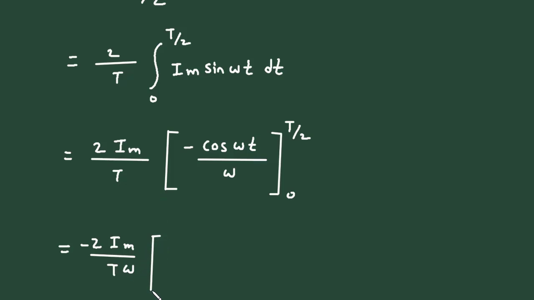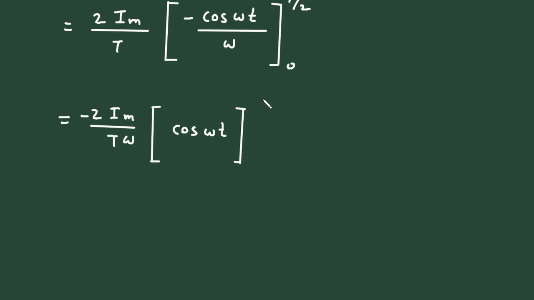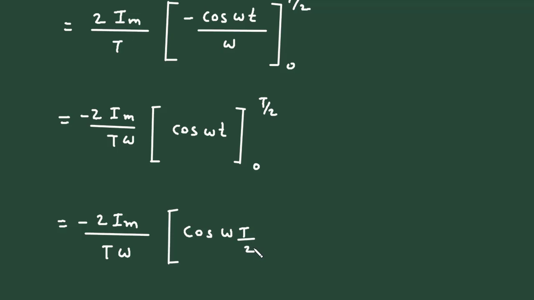So it will be cos omega t with the upper limit T by 2 and lower limit 0. So it will be minus 2 Im by T omega, and the upper limit will be cos omega, and in place of this t it will be T by 2, minus cos 0, upper limit minus lower limit.